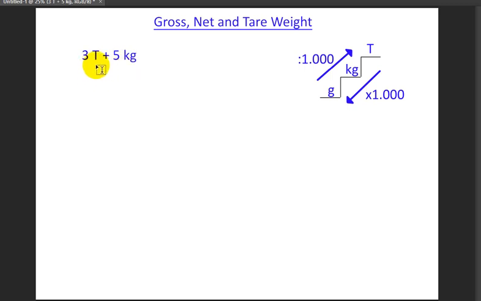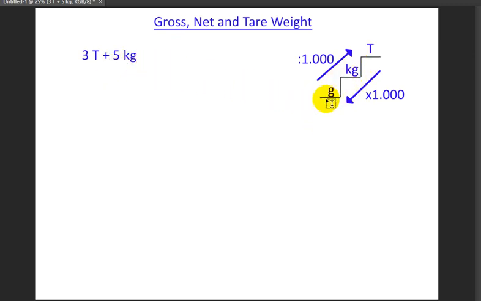You can't just say 3 plus 5 is 8. Okay, but 8 what? 8 tons or 8 kilograms, because those two are very different things. A ton has 1,000 kilograms. So what we need to do, just like we showed when we were talking about lengths, is before we do the addition, subtraction, whatever, we first need to convert one of the units to the other.